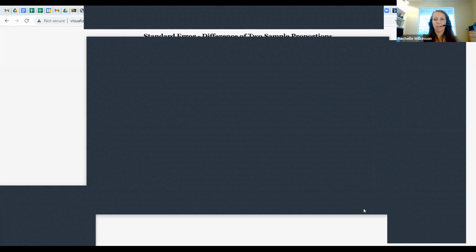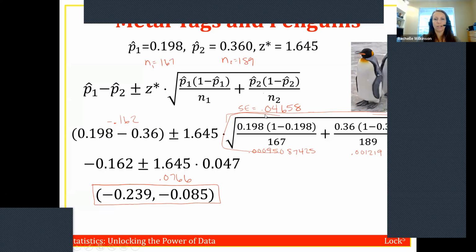And if I look back here, that was pretty much the same number that I got here. The calculator actually doesn't round your p hat and p hat 1 and p hat 2 numbers. So that's why my number that I got is just slightly different, because I rounded my 0.198 and my 0.36 numbers, but that one did not round.